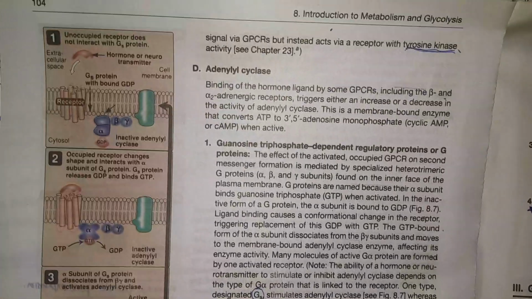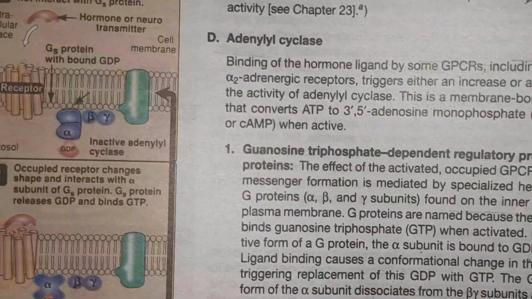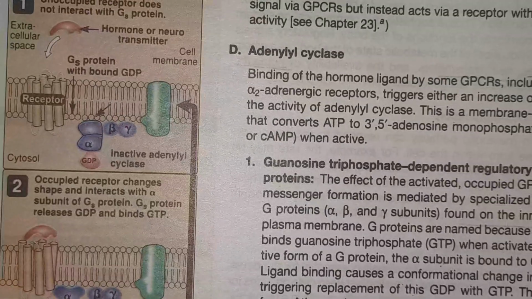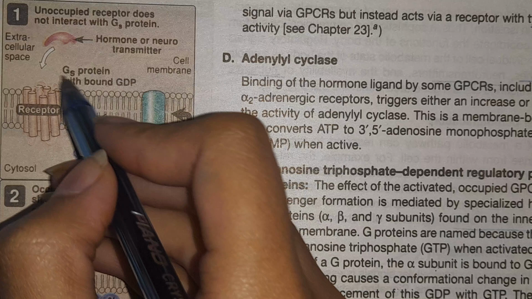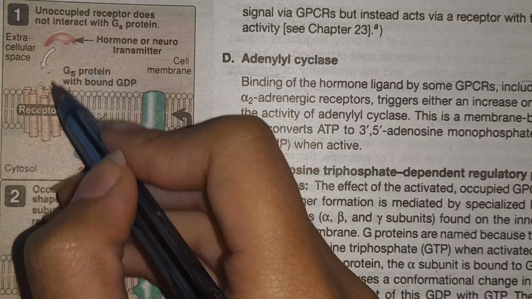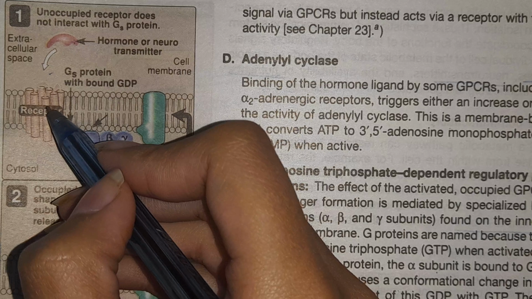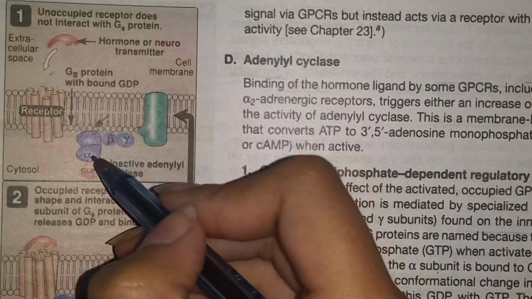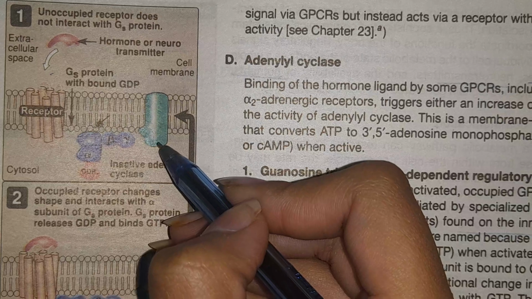Now, let's have a look at the book. If we go to the first diagram, let me zoom in a little bit. As I told you, this is the receptor extracellular domain. A hormone is going to attach to this receptor. Whenever the hormone attaches, it will activate the alpha, beta, gamma subunits, which then act on adenylyl cyclase.